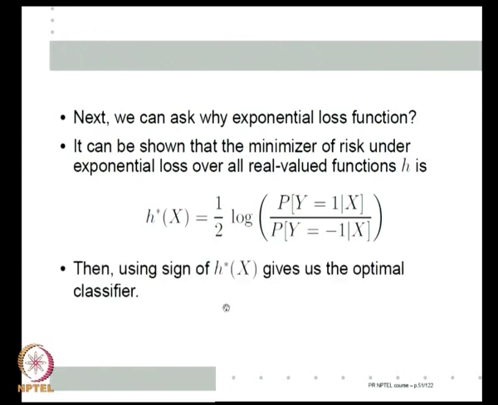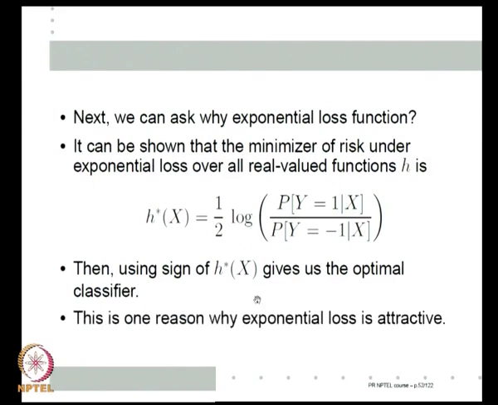So if I use the sign of h*(x), I get the optimal classifier. If I can find h*, the minimizer of risk under exponential loss, and use its sign, that will give me the Bayes optimal classifier. Of course, this is over all real valued functions, but notwithstanding that, this is a very interesting reason why one should look at exponential loss.